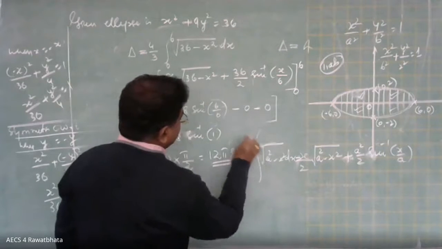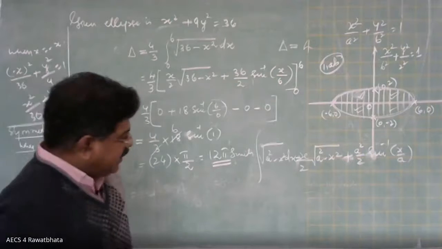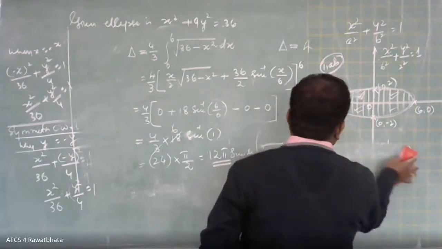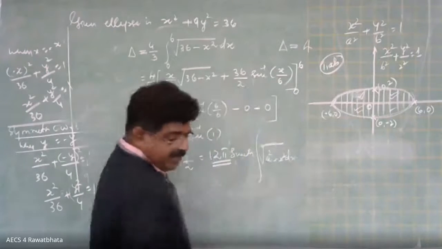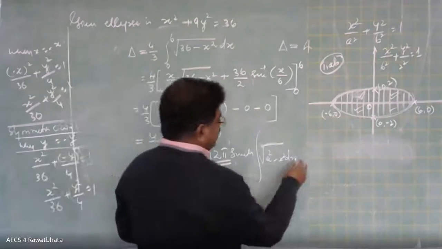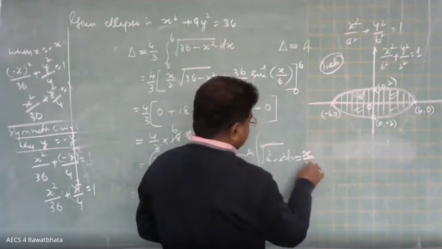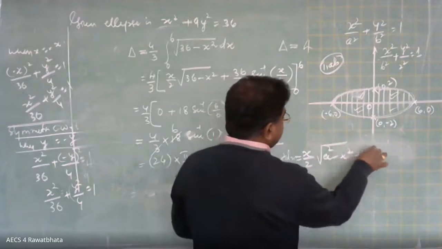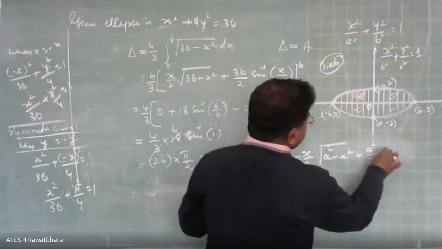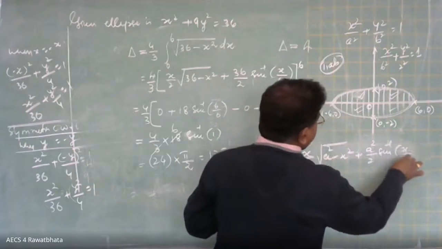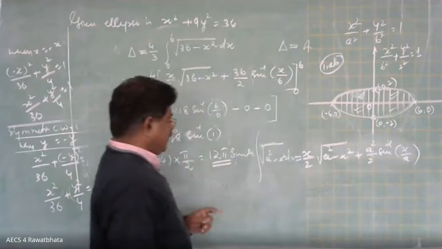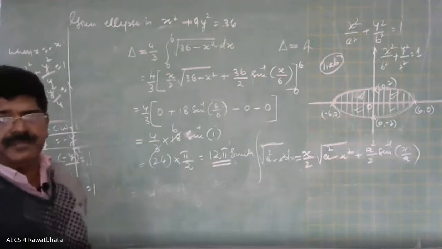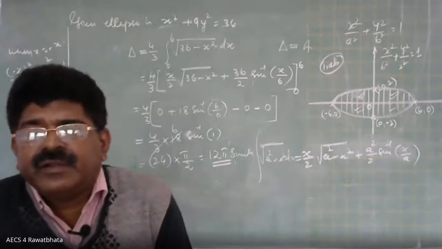The formula for the integration of root of a squared minus x squared dx is x by 2 root of a squared minus x squared plus a squared by 2 sine inverse of x upon a. Keep it in mind, it is very simple. Okay? Got it?